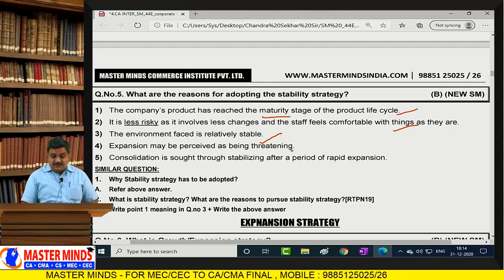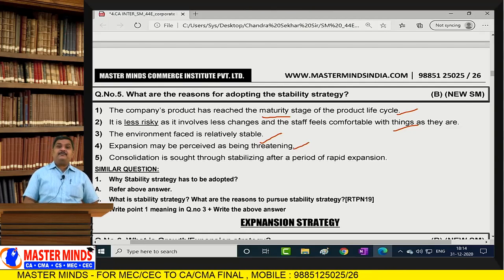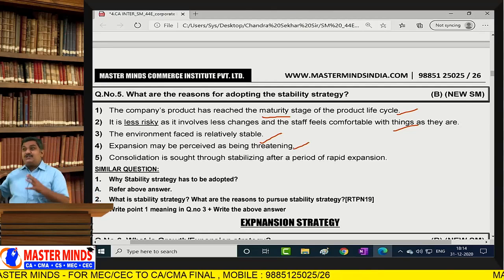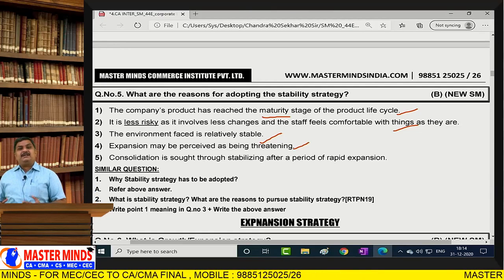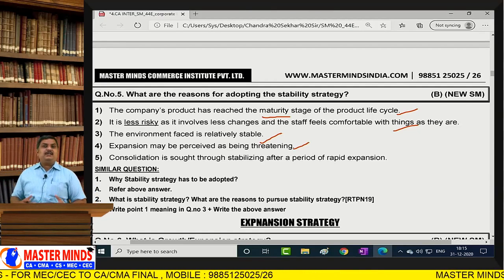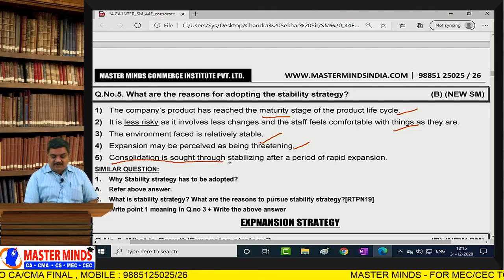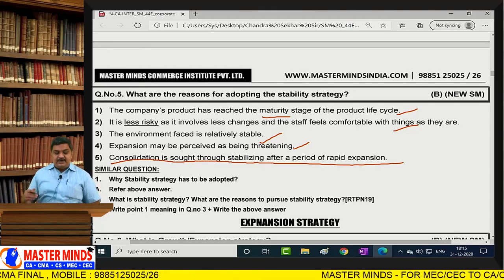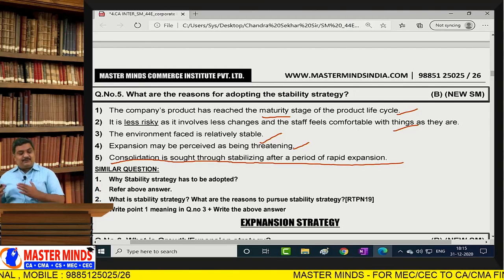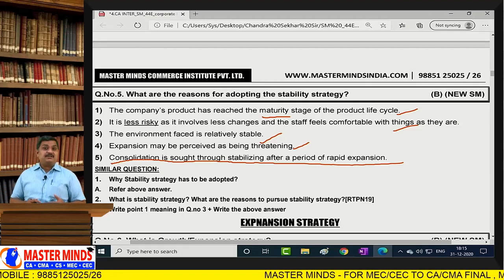And expansion may be perceived as being threatening. See, sometimes the expansion becomes threatening, means it is not the right time to expand. Then what you have to do? You have to maintain stability strategy. And this is a very, very important point. Consolidation is sought through stabilizing after a period of rapid expansion.